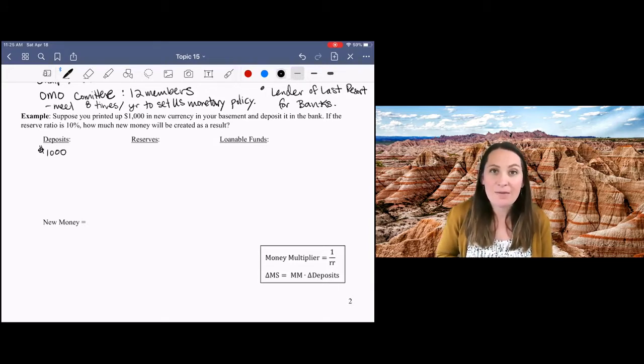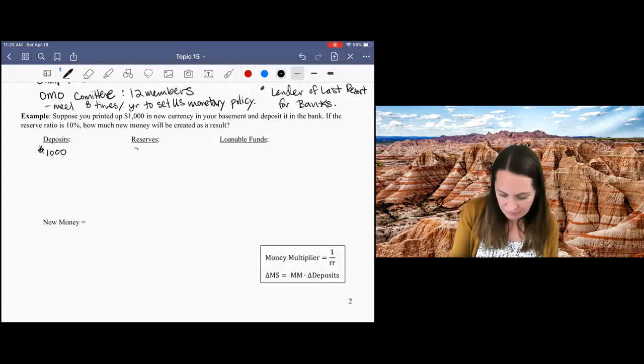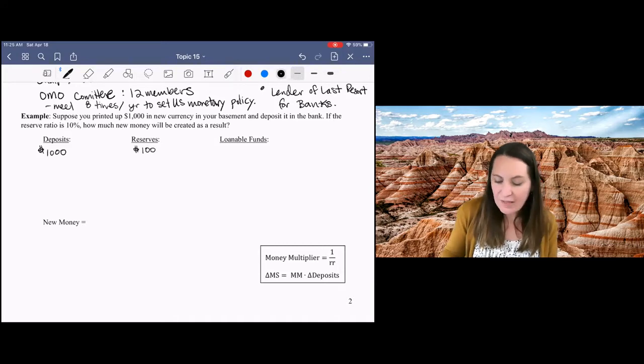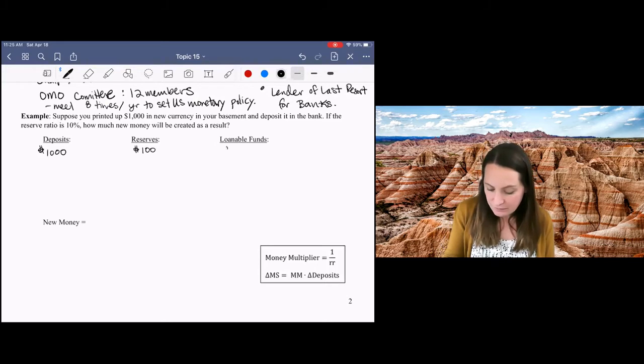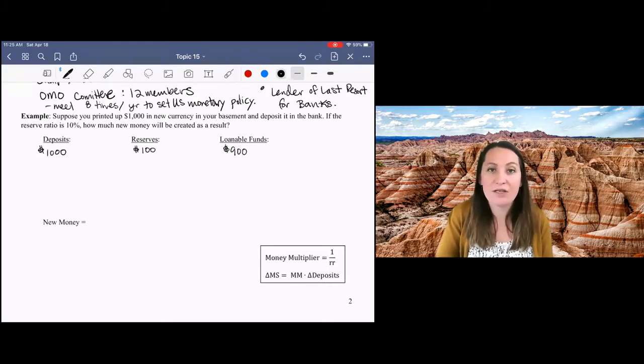They don't keep it in the back in a box with your name on it. They hold some of it in reserve, in this case 10%, and they loan the rest out to other people. In this case, that would be $900 in new loans. So suppose that Larry comes into the bank, he wants to buy a new car, takes out a loan for $900.